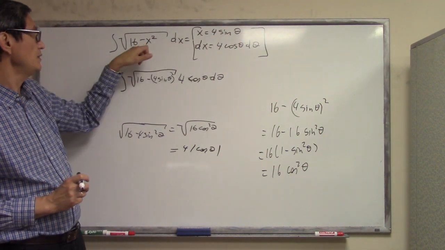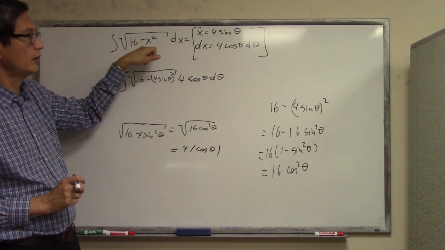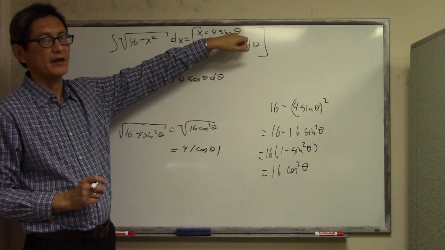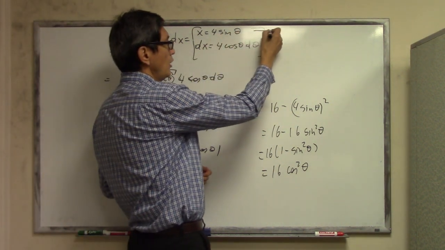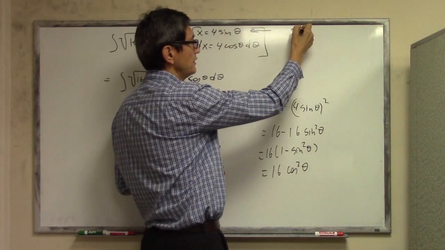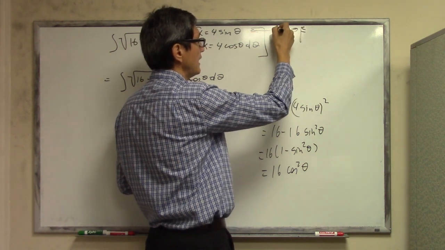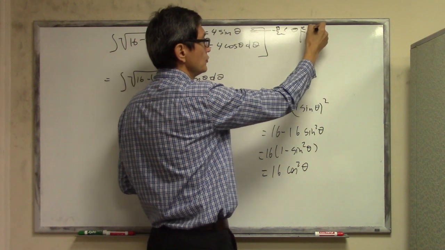But we also notice that x equals 4 sine theta. We want x to be between negative 4 and 4, so we want sine theta to be between negative 1 and 1. Here we can assume that theta is between negative pi over 2 and pi over 2.